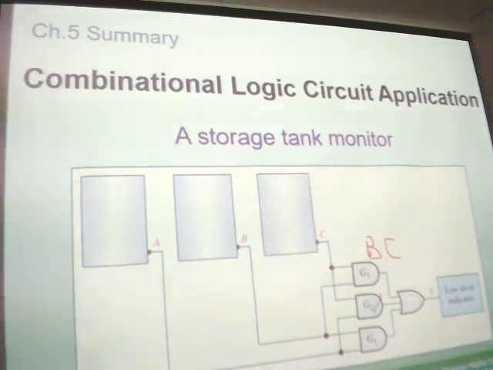Yes. So X equals AB plus AC plus BC. How to get the truth table?